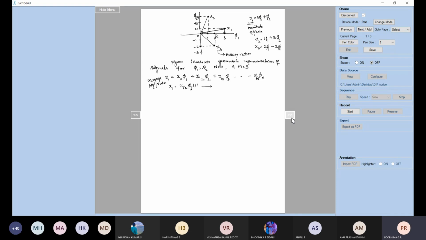So this is what a message signal vector is when illustrated through the diagram. xi of t is the summation from j equal to 1 to n of xij phi j of t.